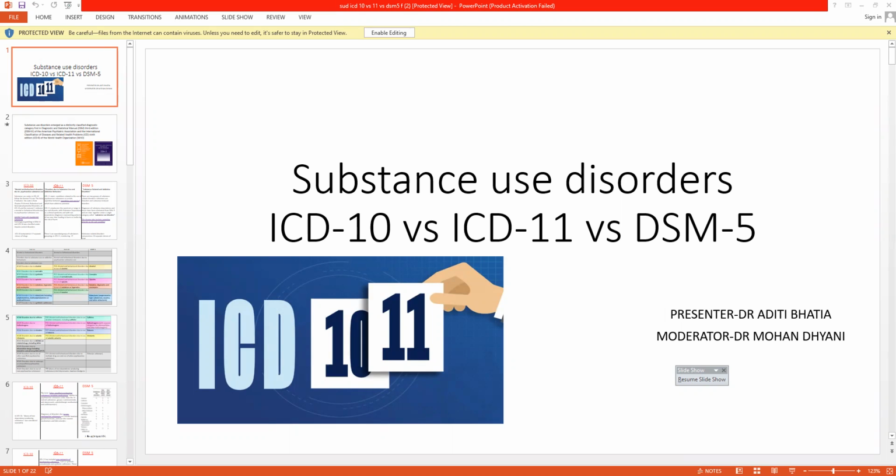The third is tolerance and withdrawal, with 3 criteria, of which 2 should be fulfilled. Basically, it is easy, because at times you have 5, as these are repeating. You have withdrawal, and difficulty in control is also there, craving and impaired control.